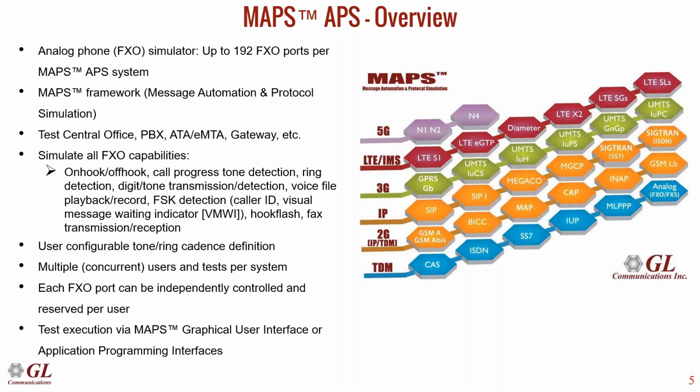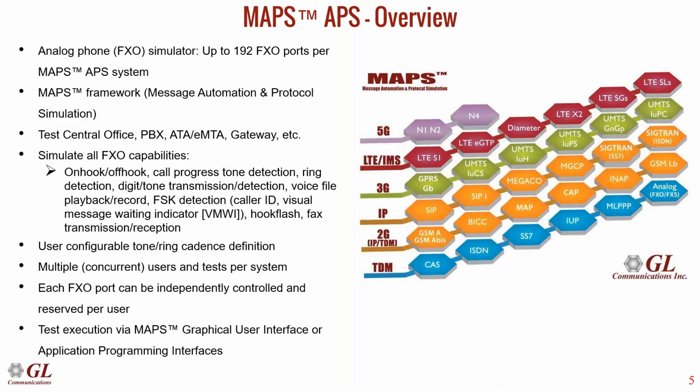It's a different piece of hardware within the MAPS APS solution, and Vikram will go into that a little bit later. But you can have both different types of cards, the FXO and the FXS, in the same hardware chassis, and then run tests the way you want to run them.